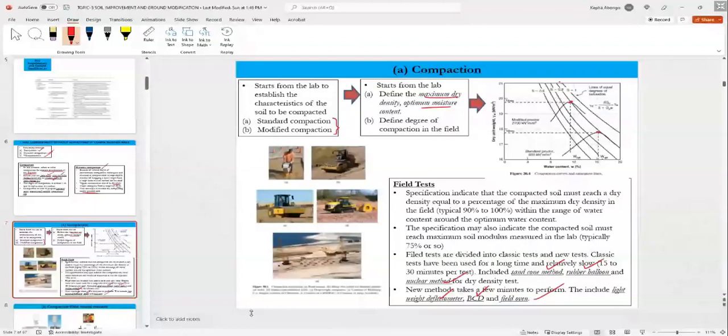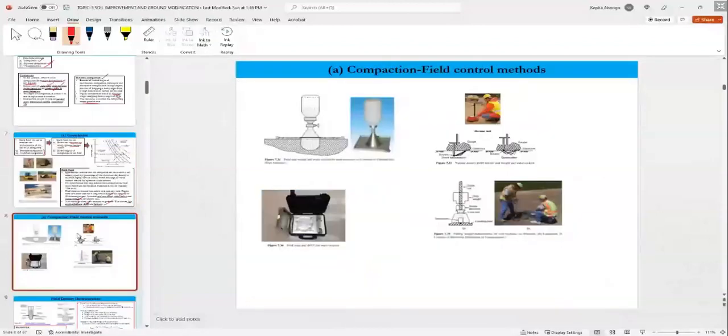Now, for the sand cone method, usually we have a jar with sand. You know the density of this sand. Once we've compacted our surface, we dig a hole right here. Then we take that soil, and we know the weight of that soil.